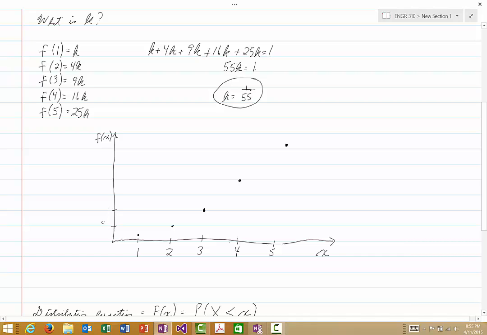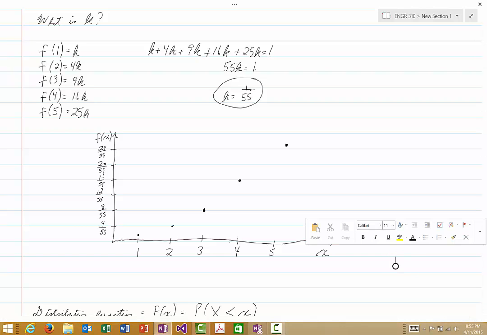So this would be 4 over 55, 8 over 55, 12 over 55, 16 over 55, 20 over 55, and 24 over 55. That was the scale I was using on the vertical axis, and as I say, I believe the plot is roughly correct.